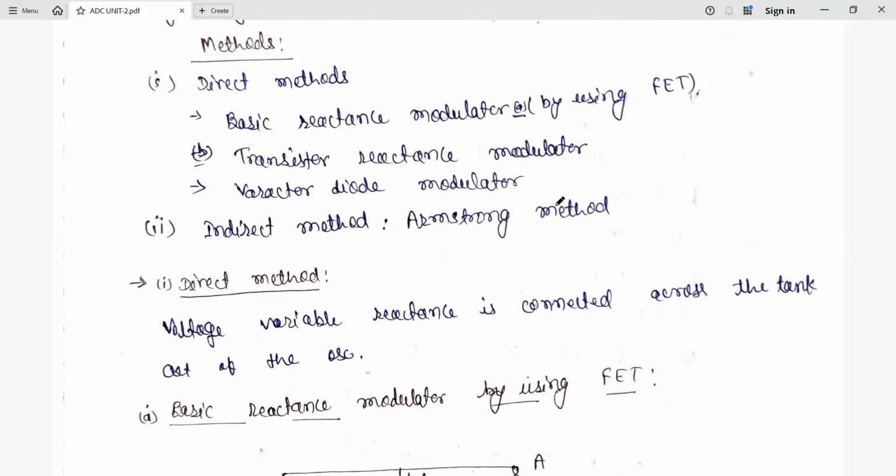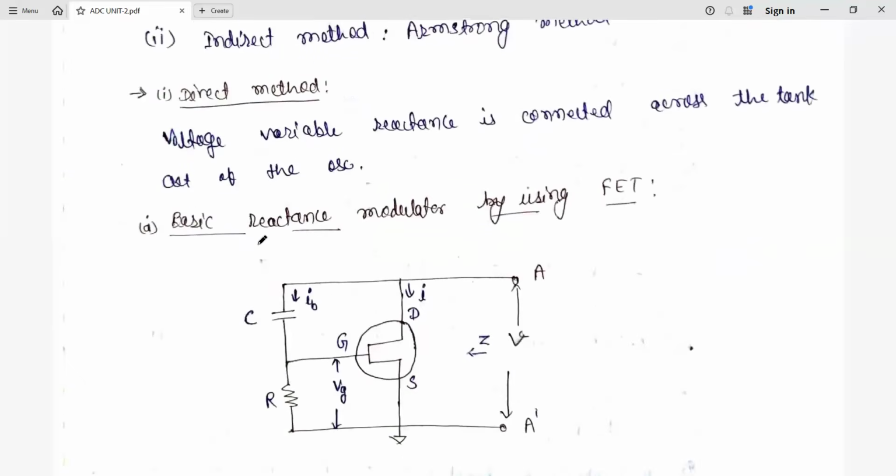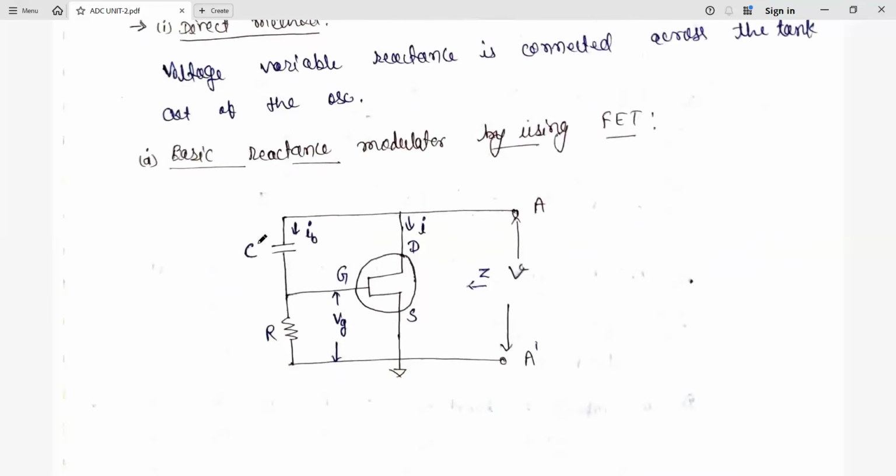Here we are going to see three different discussions. One is the basic reactance modulator using FET. Another is the transistor reactance modulator. Then we have varactor diode modulators. The Armstrong method we will see later; both are important. In the direct method, the voltage variable reactance is connected across the tank circuit.